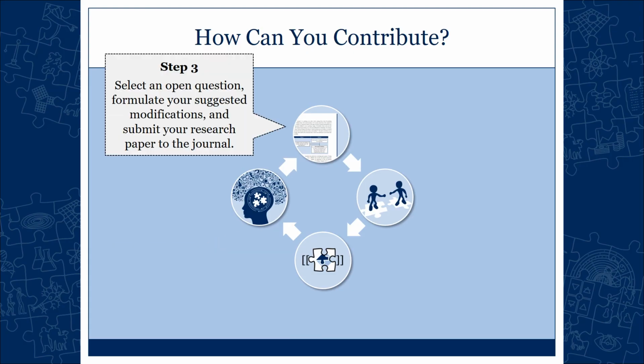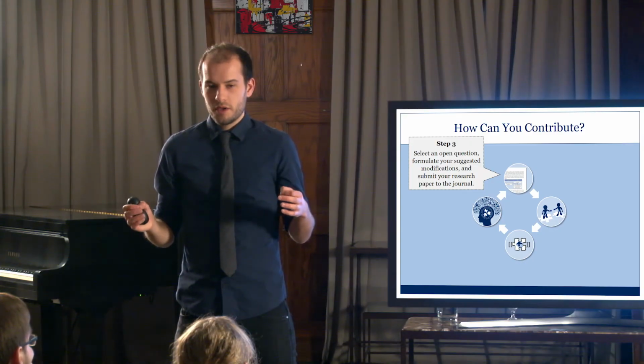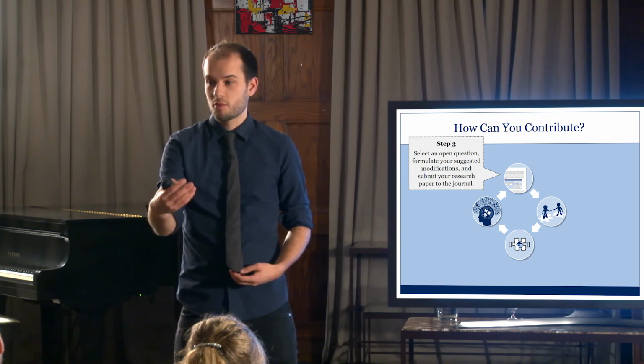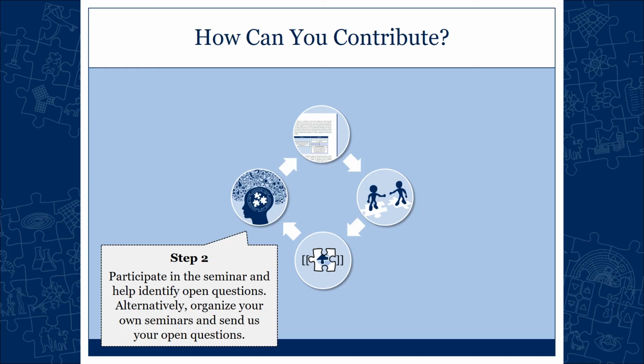Step 3, choose one of those open questions, formulate your suggested modifications in response to those open questions, and submit your research paper to the journal. This is how we communicate our ideas and how we have them formally proposed to the Scientonomic community in order to be actually assessed by the Scientonomic community.